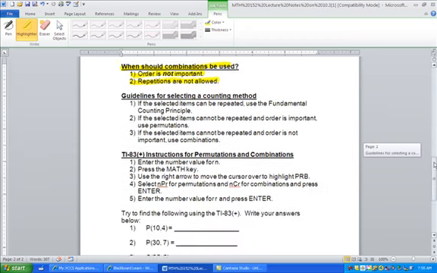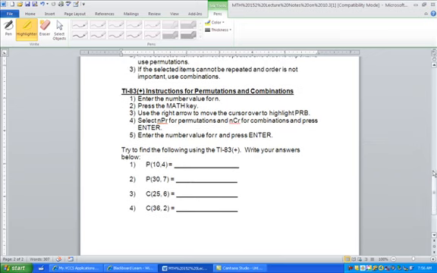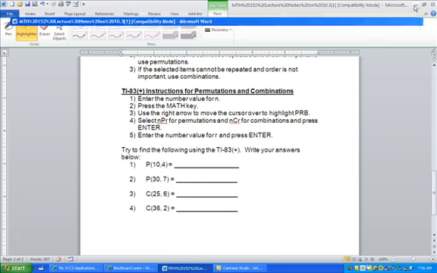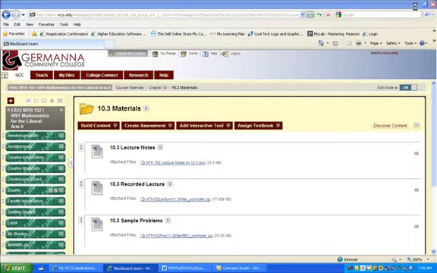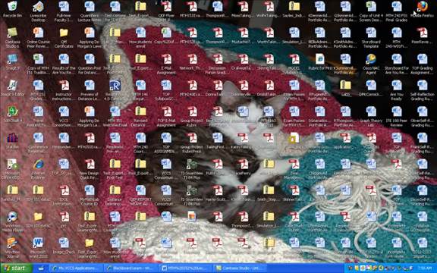And then I have the instructions here for using the TI-83 or 84 to evaluate some permutations and combinations. Let me just minimize this here. Got a lot of layers to go through.